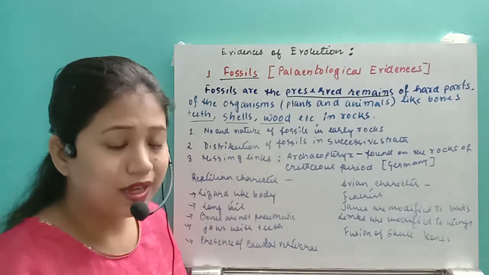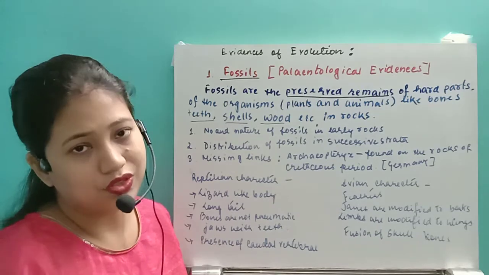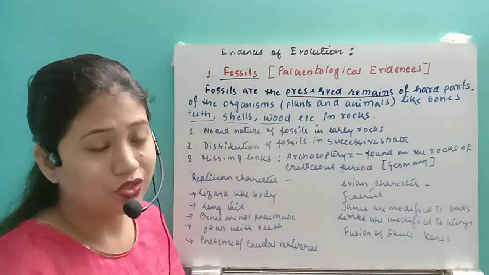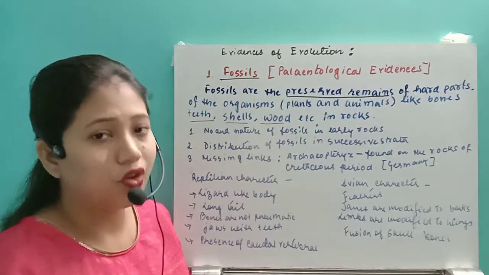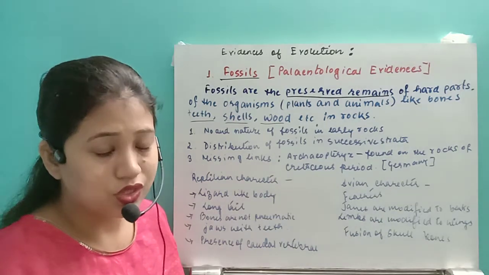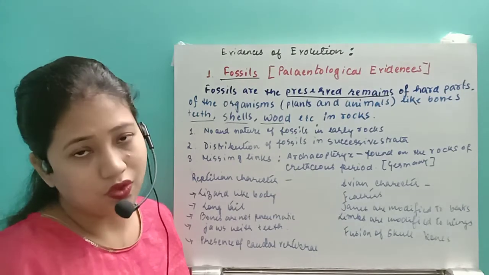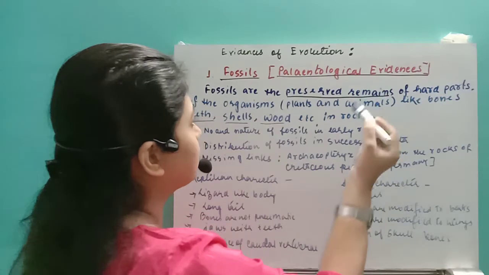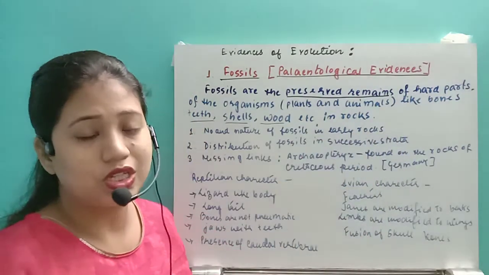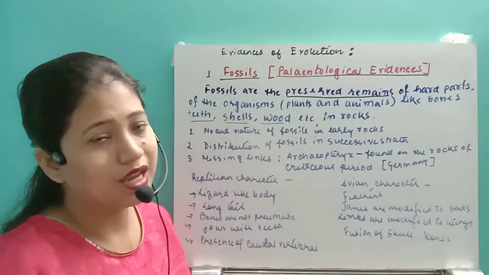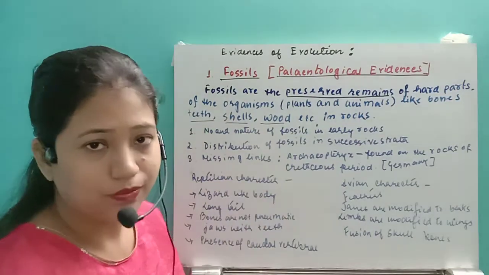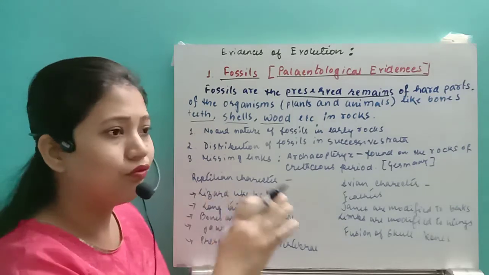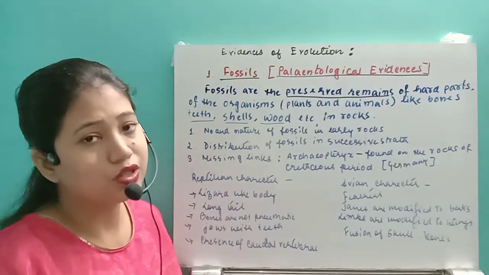We will be able to find that this is also a fossil. The branch of biology that deals with the study of fossils is known as paleontology, and the evidences from fossils are called paleontological evidences. So remember, what is the branch of biology that deals with the study of fossils? That is paleontology.